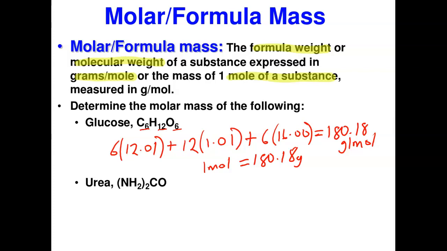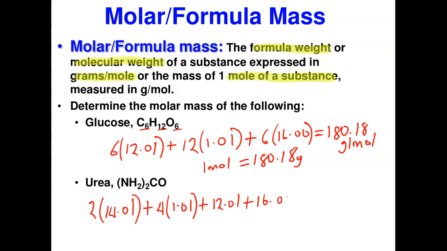Again, there are 2 atoms of nitrogen. Remember, the parenthesis has to multiply whatever we have inside. So this is going to be 2 times 14.01, plus, now again, there are 2 atoms of hydrogen inside the parenthesis. We're going to multiply with this 2, and that's going to give us 4. So 4 atoms of hydrogen total times the weight of 1 atom of hydrogen, 1.01, plus we have only 1 atom of carbon, 12.01, plus an atom of oxygen which weighs 16.00.